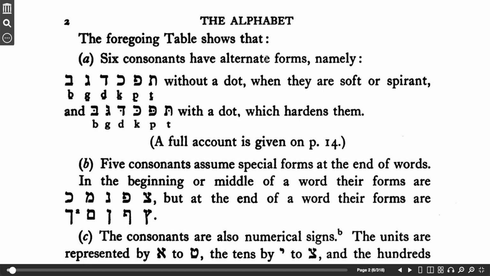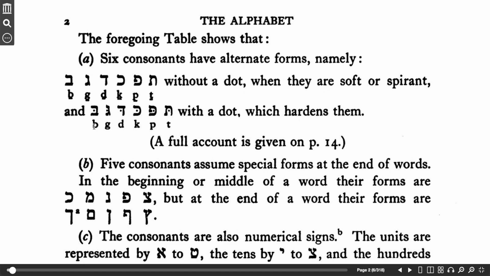So there are 6 consonants that have alternate forms. If you look back at that chart, remember the ones that had the dots in them and didn't have the dots in them? Remember these? There were 6 of those without a dot, and that kind of softens them or spirantizes their phonetic value.